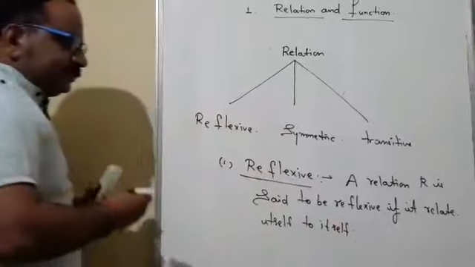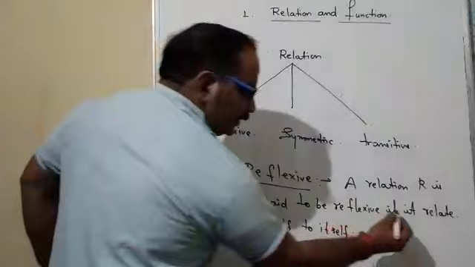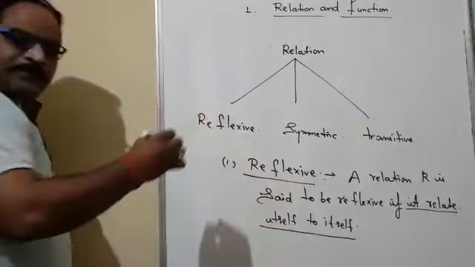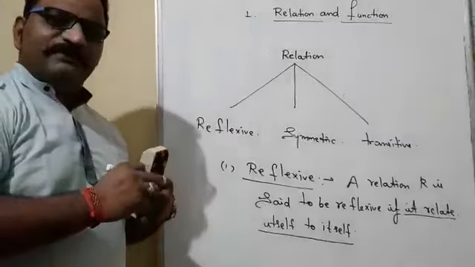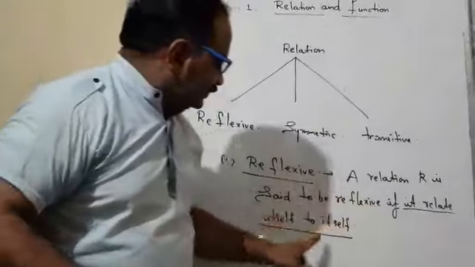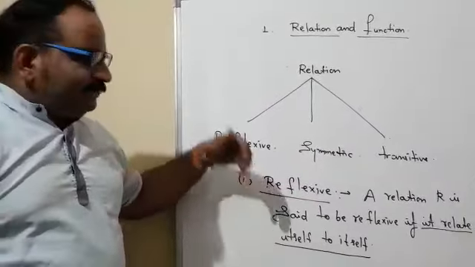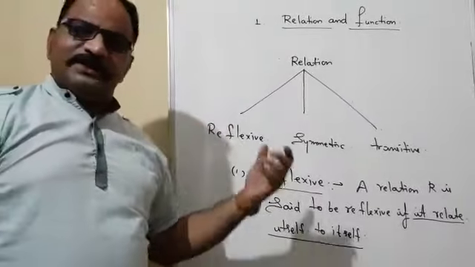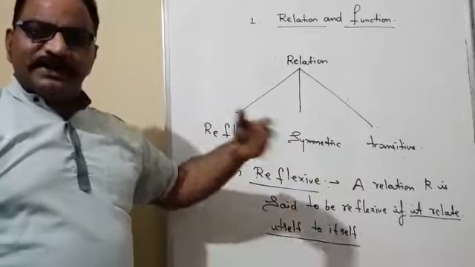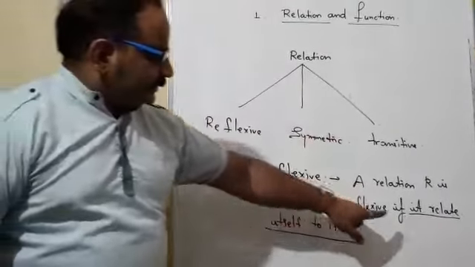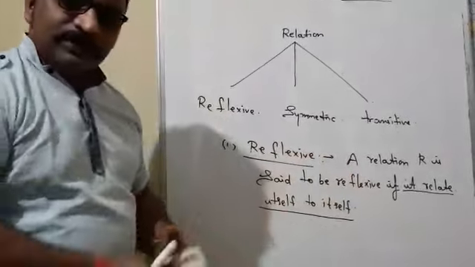In this definition, the very important thing is that it relates itself to itself. Any kind of relativity which relates itself to itself is known as reflexive relation. For example, if a person relates with itself, that is reflexivity. If a line relates with itself, that is reflexivity. Any kind of relation which shows this, it relates itself to itself.